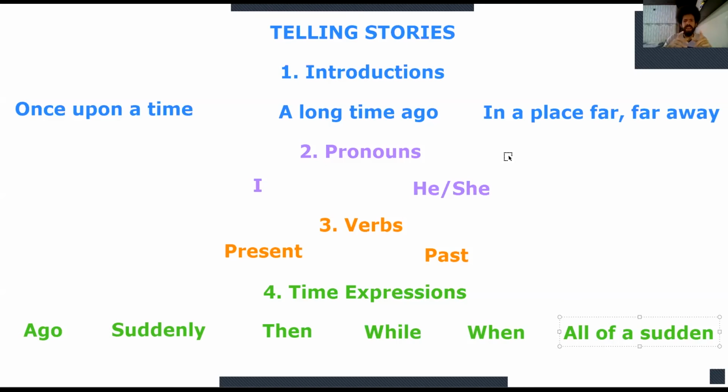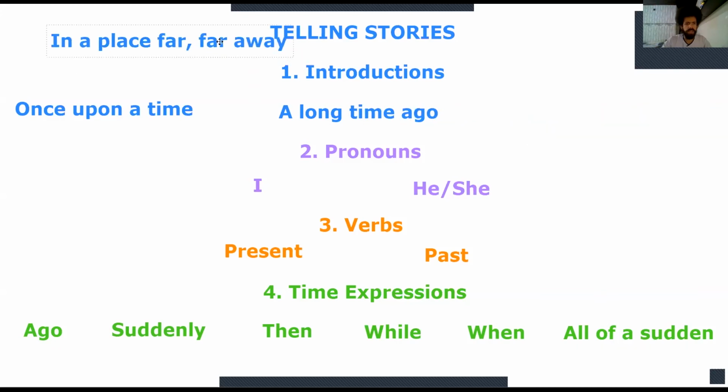So what's the idea now? We're gonna use all of these parts, the introductions, pronouns, verbs, and time expressions to tell two different improvised stories. Okay, we're gonna select now one part of each for us to make our first story, and then one part of each to make our second story. So for the first story, I'm gonna use in a place far, far away.